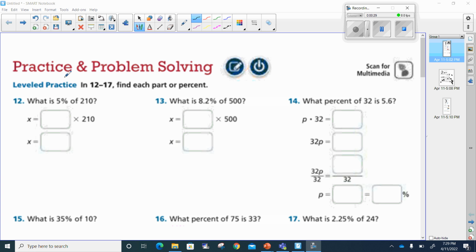So if you had it, you would be taking your percent and moving the decimal over. I like to call this M&M, really. Simple as M&Ms.